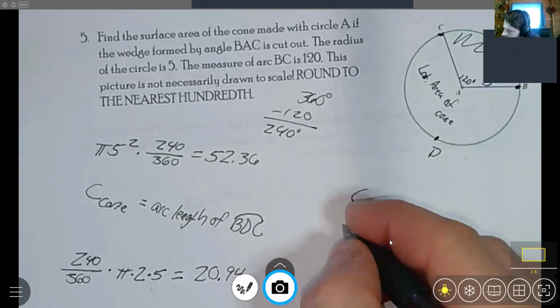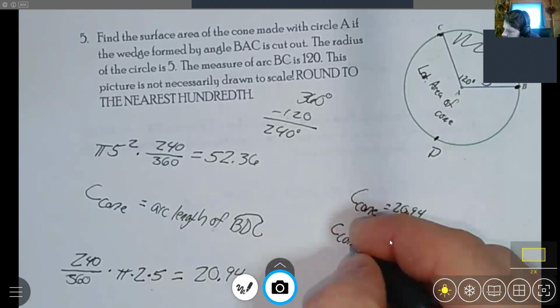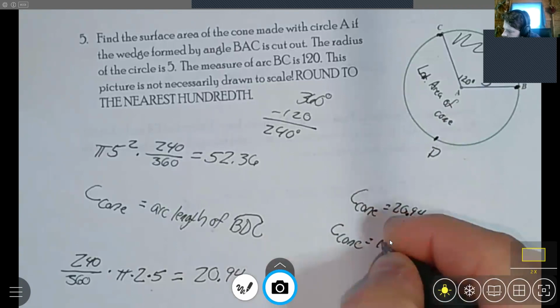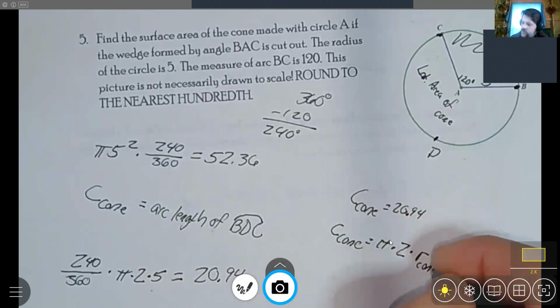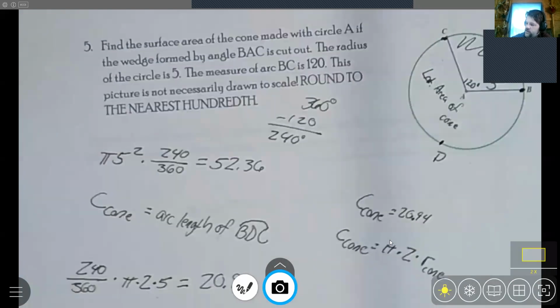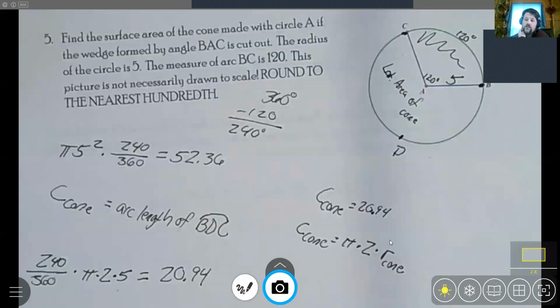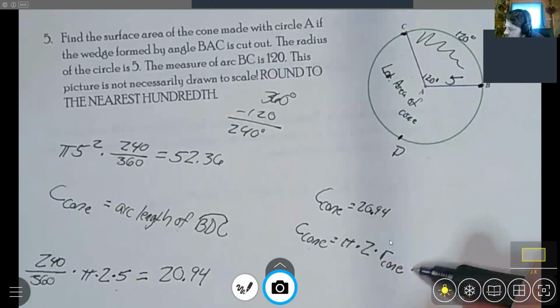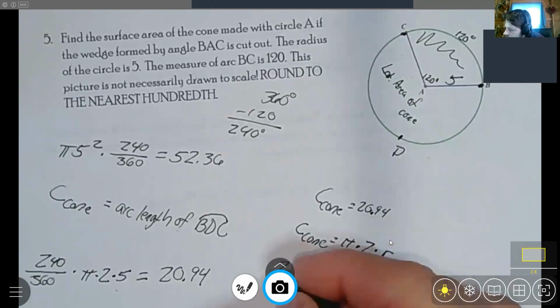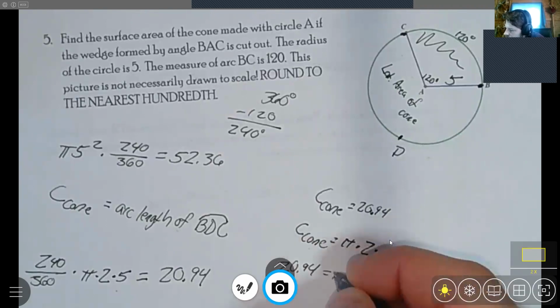If I know the circumference of the cone is 20.94, and I know that the circumference is equal to pi times 2 times the radius of the cone, right? The formula to find the circumference of a cone or a circle is pi 2r. So I know the circumference already, I just don't know the radius. So I'm going to put this 20.94 in here and solve for the radius of the cone.